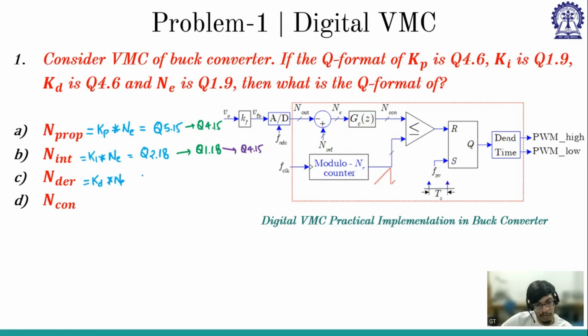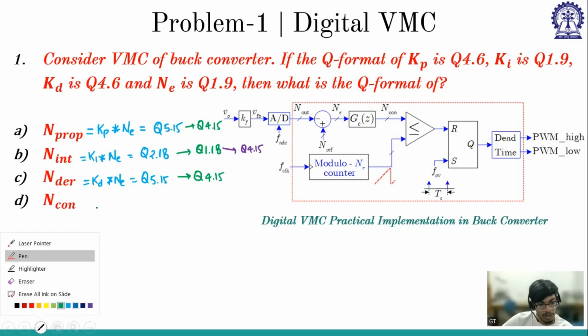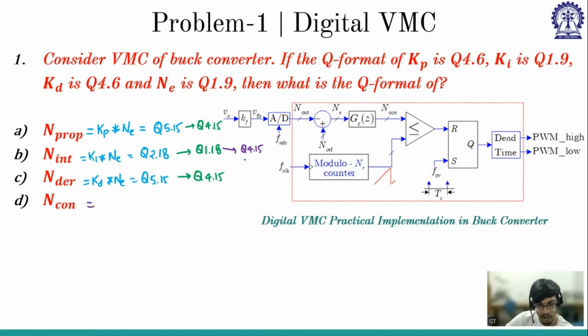So we'll get 5.15, and after that there is one redundant most significant bit which we'll remove, so we'll get Q4.15. And for ncon, we add all these things by making the Q format the same, 4.15, 4.15. So it will be 4.15. That is the Q format of ncon.